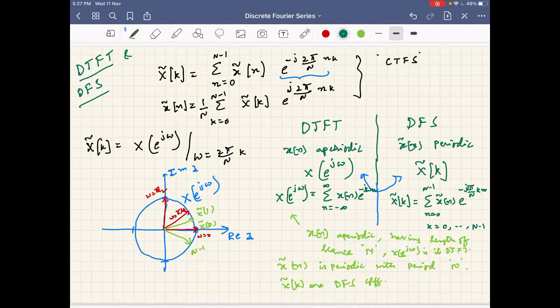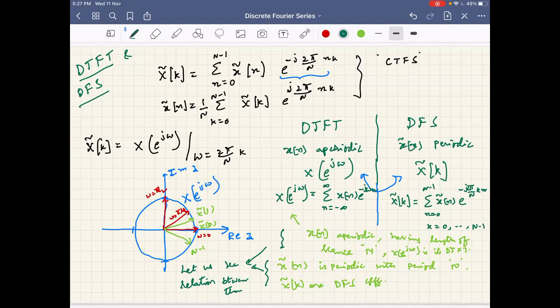Now the question is, let us relate these two and see the relation between them. That is the discussion now, right? We have pictorially seen what we mean by X(e^jω) and what we mean by X tilde of k.